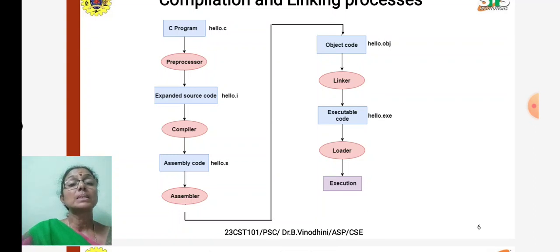The assembler converts it into the object code, which has the extension .obj, and that is given to the linker. The linker links several library files and produces the executable code in the form of a file with extension .exe. Finally, that executable code is given to the loader, which does the execution.